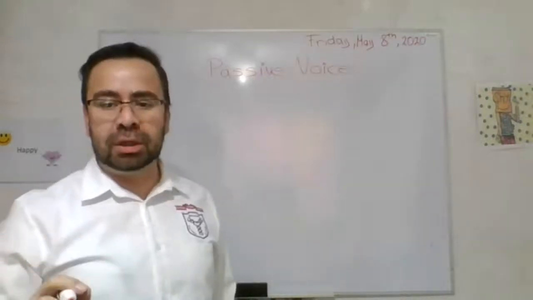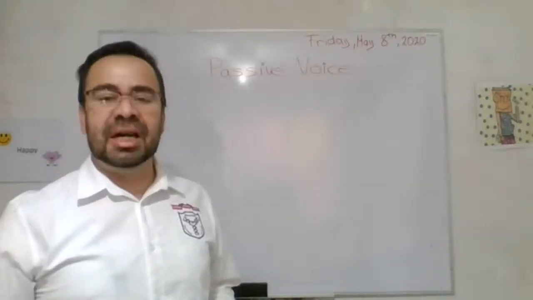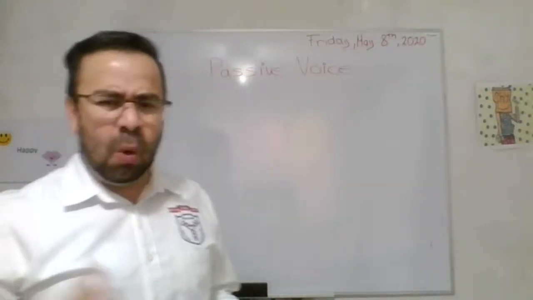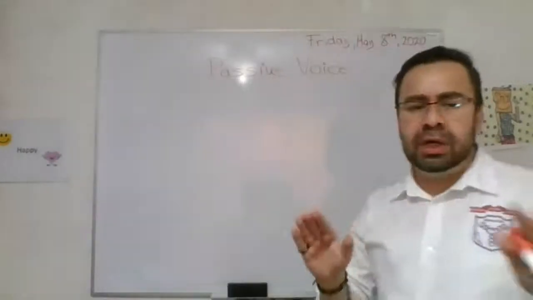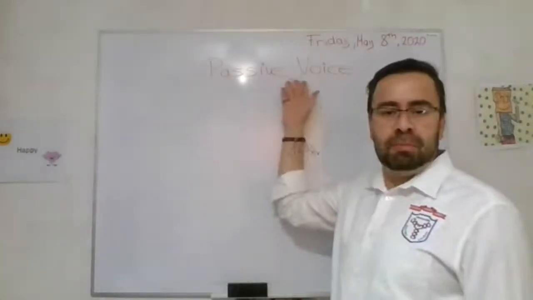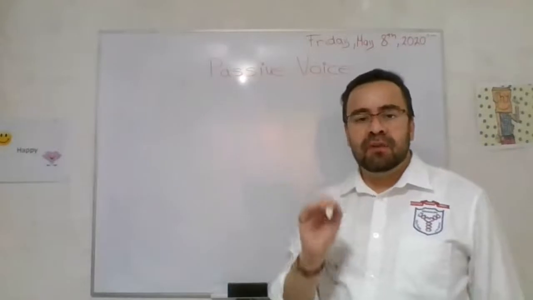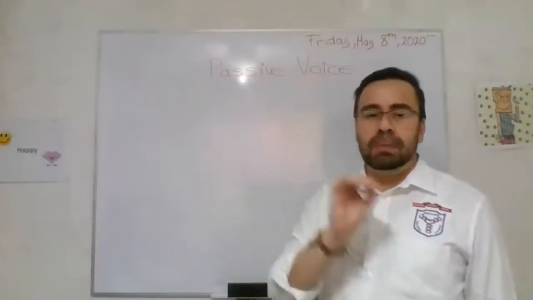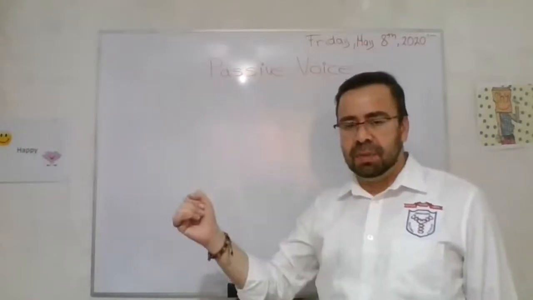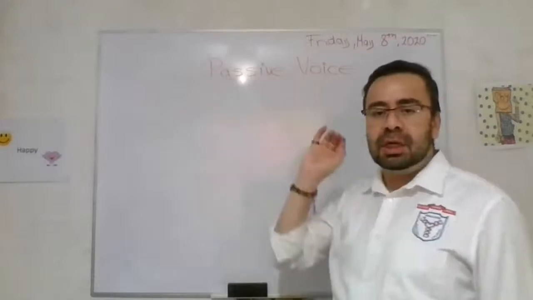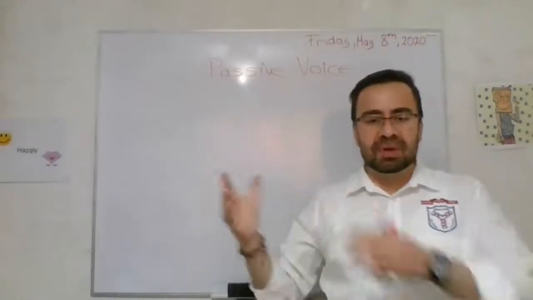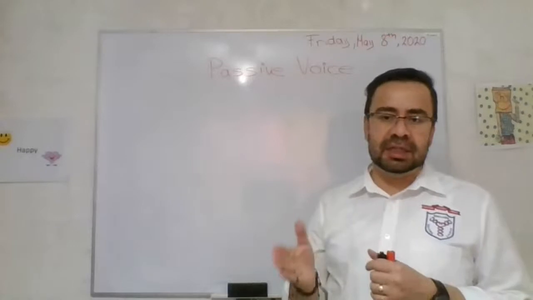Passive voice. What is passive voice? We are going to use passive voice when we want to give more importance to the object than the subject. Passive voice is when the object receives the action of the sentence.